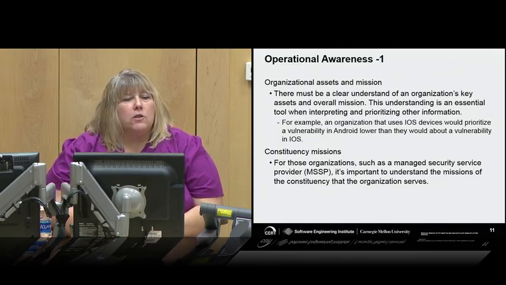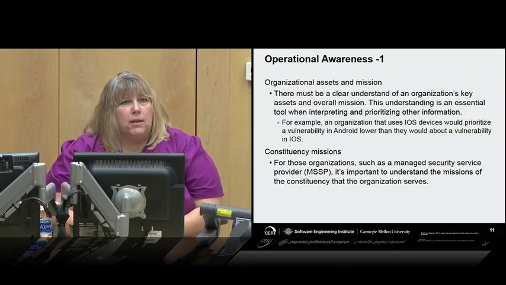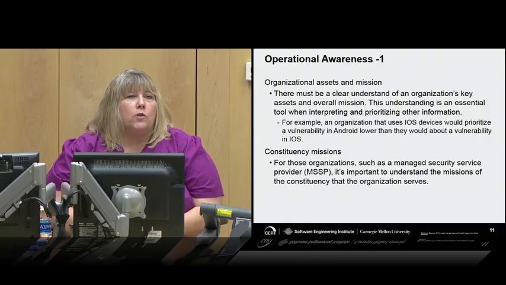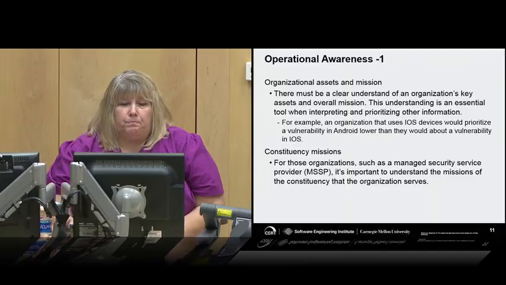But again, understanding the organization, its business mission, the assets, and the technology that supports them can help you identify which risks and threats you have to worry about. You may get all types of vulnerability reports, but if you don't have the software or hardware that has those vulnerabilities, then those are not relevant to you.